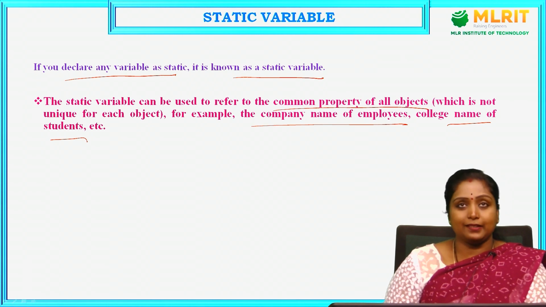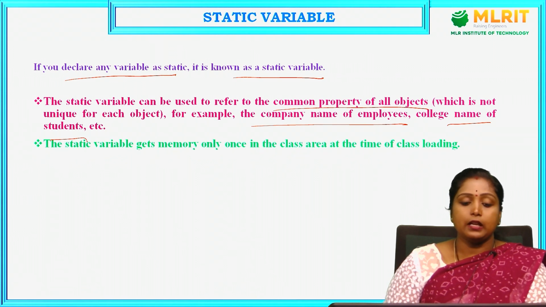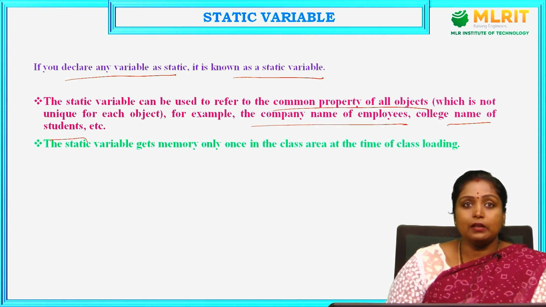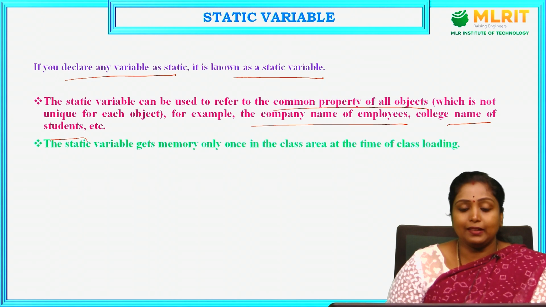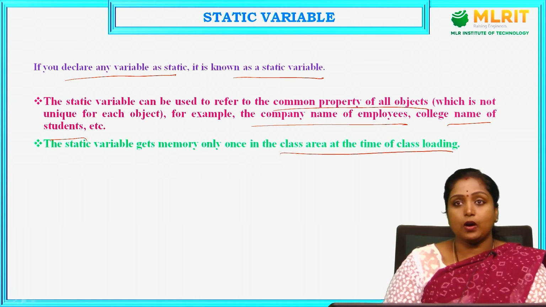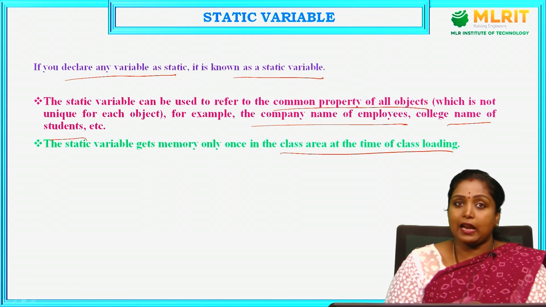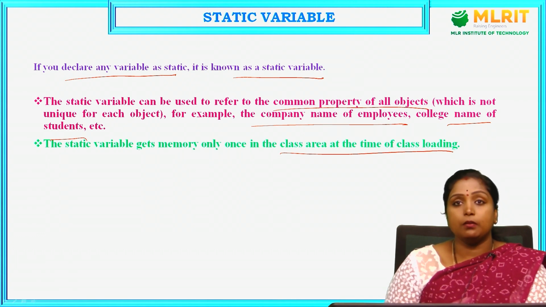In the same way, a static variable is a common property for all the objects. A static variable gets memory only once in the class area, whenever the class is loaded into memory.